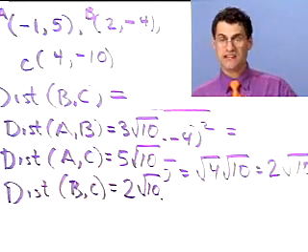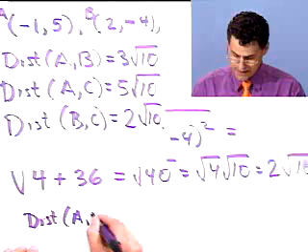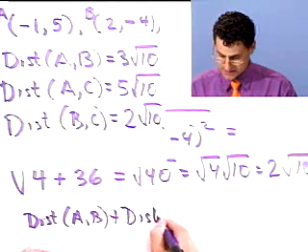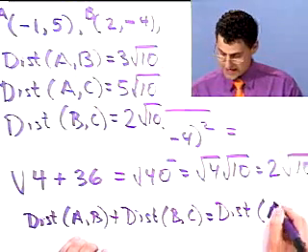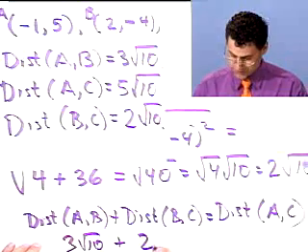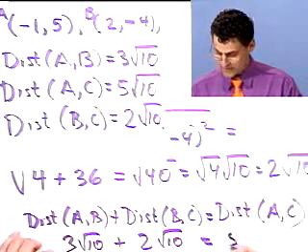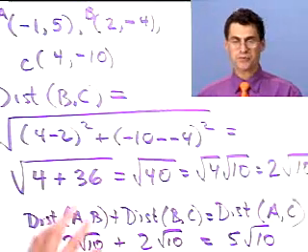So in fact, I see that they do all line up, and that picture that I see right there now is in fact accurate in the sense that they all live on the same line, because I see that the distance between A and B plus the distance between B and C actually equals the distance between A and C, because 3 square root of 10 plus 2 square root of 10 equals 5 square root of 10. So now I know for absolutely certain that, in fact, these 3 points are collinear.